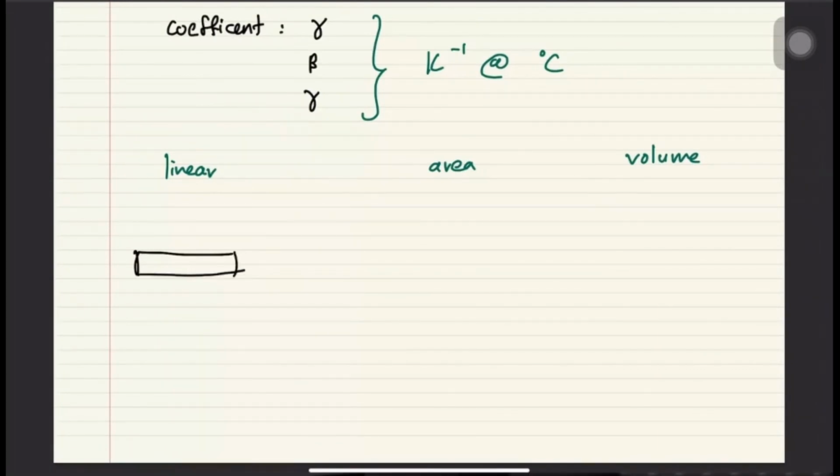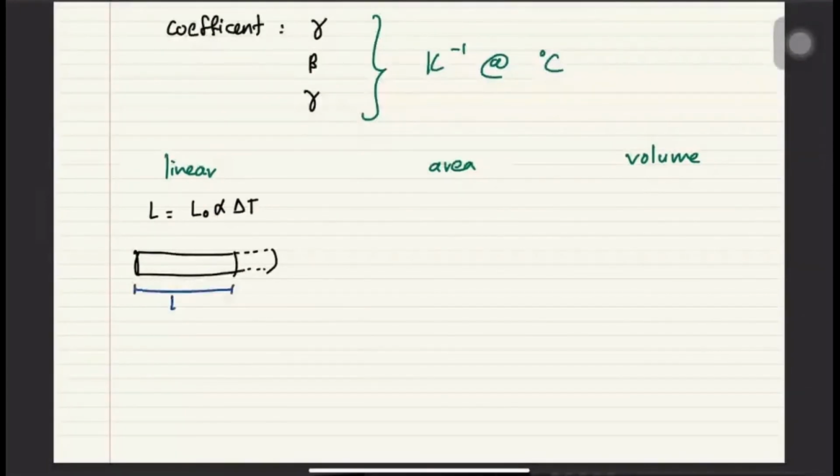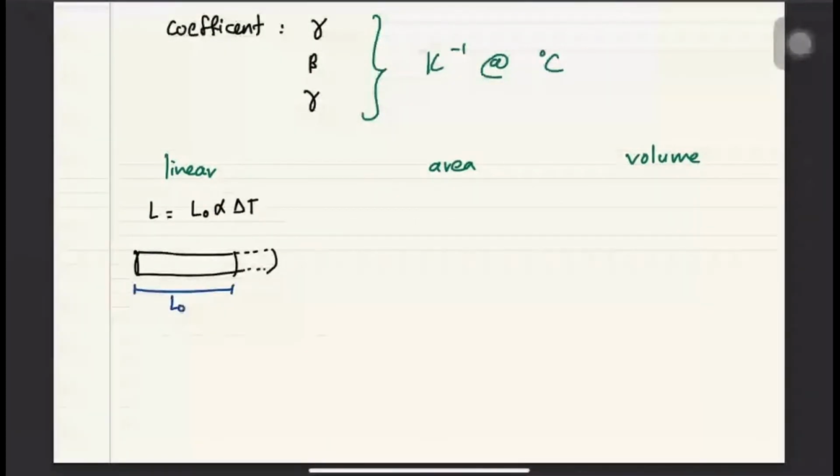Biasanya memang length. Dia kan ada formula delta L equals to L naught alpha delta T. So L naught tu is the initial length. And delta T is the change in temperature.